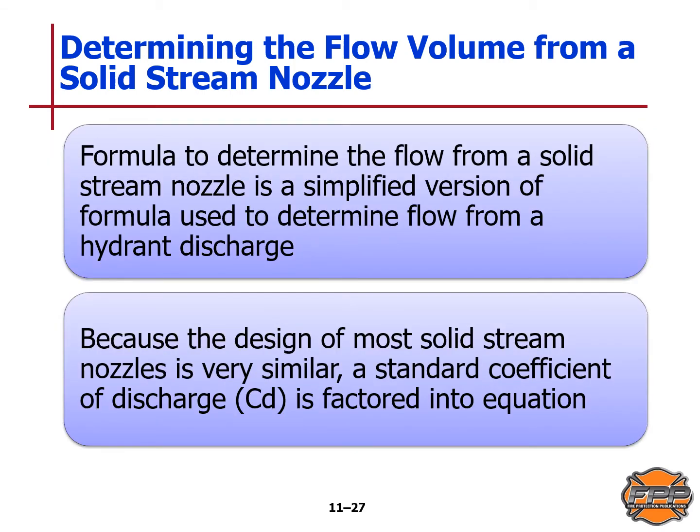The formula to determine the flow from a solid stream nozzle is a simplified version of the formula used to determine flow from hydrant discharge. Because the design of most solid stream nozzles is very similar, a standard coefficient of discharge is factored into the equation.